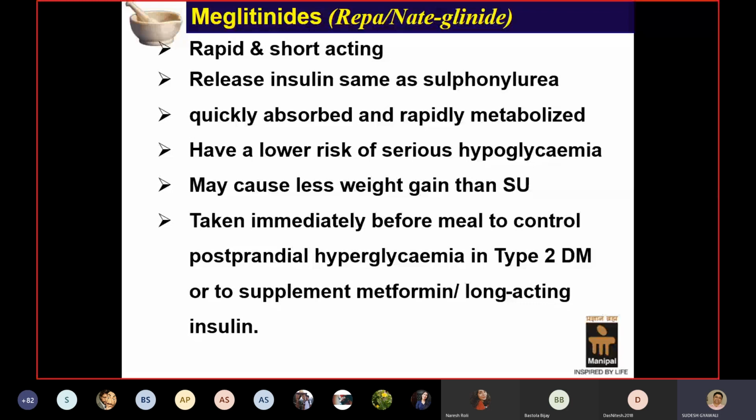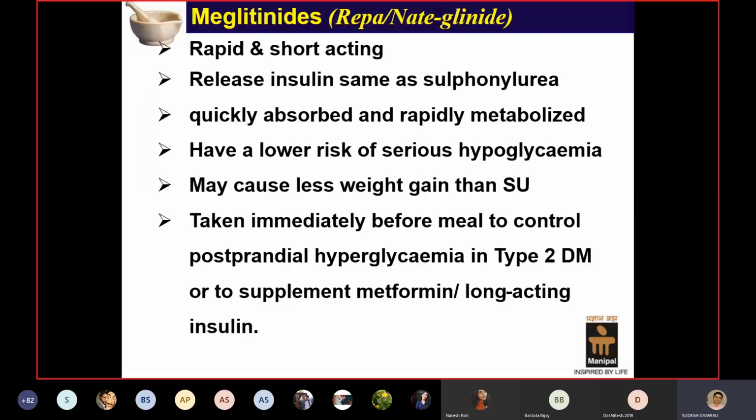It releases insulin in the same way as sulfonylurea, the same mechanism. It acts on the ATP-sensitive potassium channel and closes it, causing depolarization, and that depolarization causes entry of calcium. They are absorbed very fast, so that is why they are rapidly acting, and they are rapidly metabolized, so that is why they are short acting.